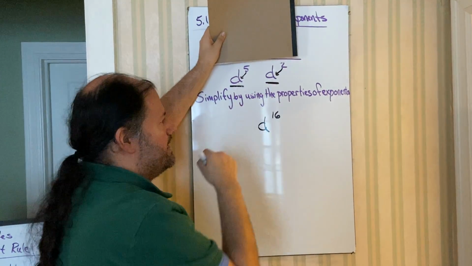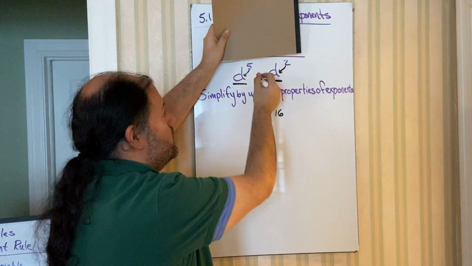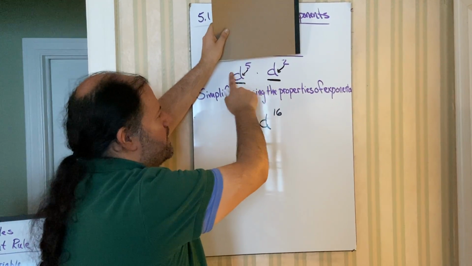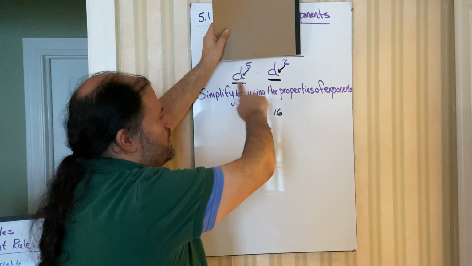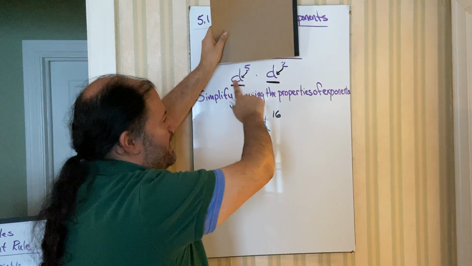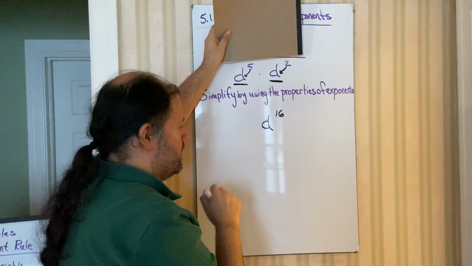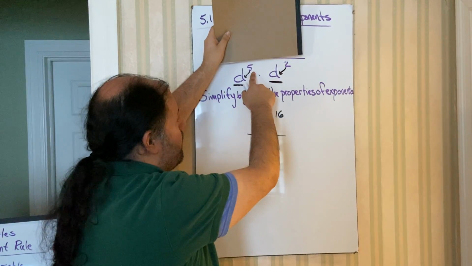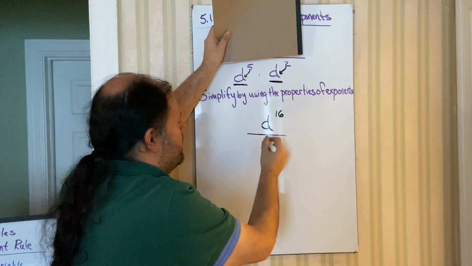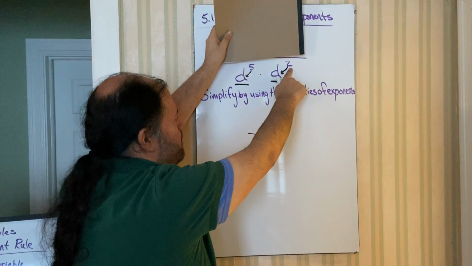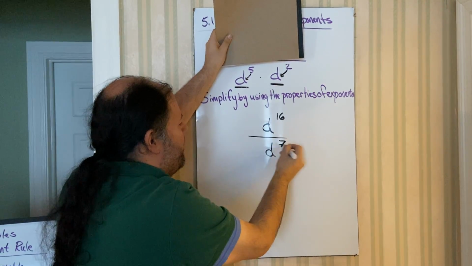D, D, like bases, and it's understood as multiplication. Why? Because if you don't see an operation, it's understood as multiplication. And because they're on the same line, both in the denominator, it's multiplication. So D stays D, add the exponents. 5 plus 2 is 7.